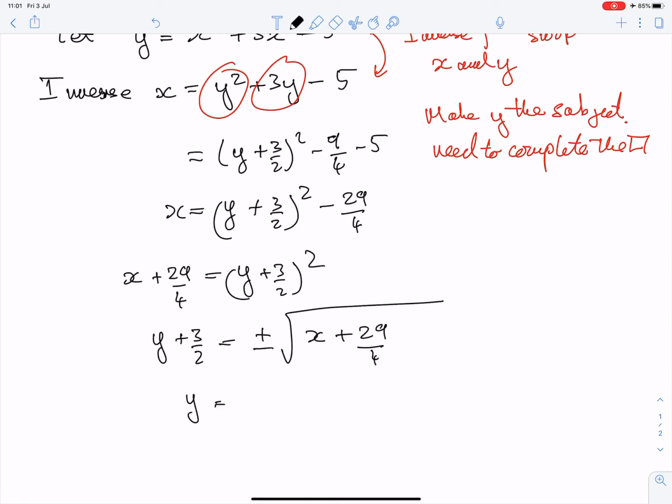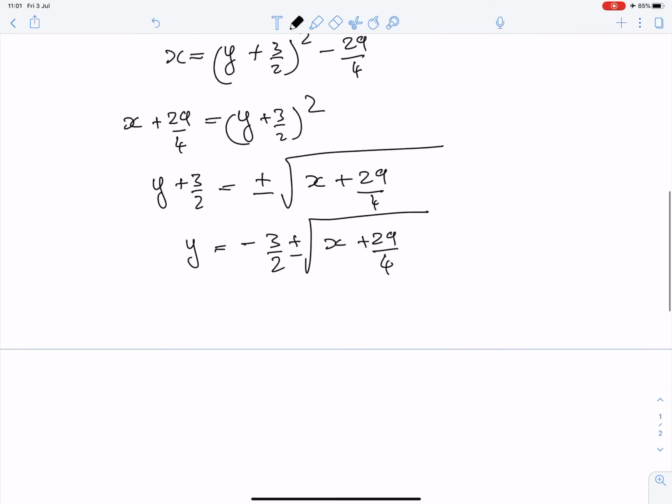So y equals minus 3 over 2 plus or minus the square root of x plus 29 over 4. And that has made y the subject, so our inverse function, f inverse of x, and we've got to go back to the notation we were given in the question, is negative 3 over 2 plus or minus the square root of x plus 29 over 4.